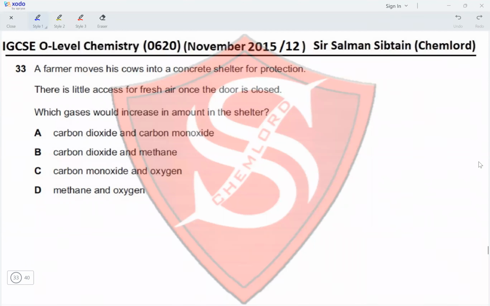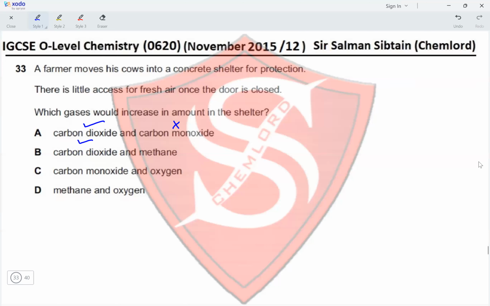Question 33. A farmer moves his cows into a concrete shelter for protection. There is little access for fresh air once the door is closed. Which gases would increase in amount in the shelter? So there is little access for fresh air. That means gases that would be released would be the ones that would fill up the shelter. So carbon dioxide and carbon monoxide. Carbon dioxide will be exhaled. Carbon monoxide is not present.